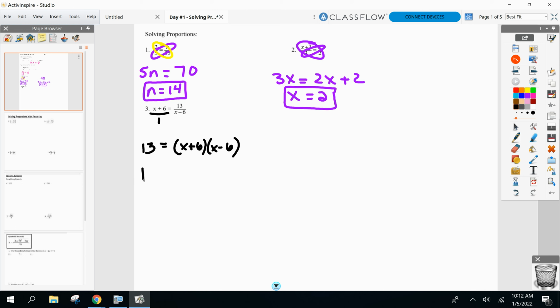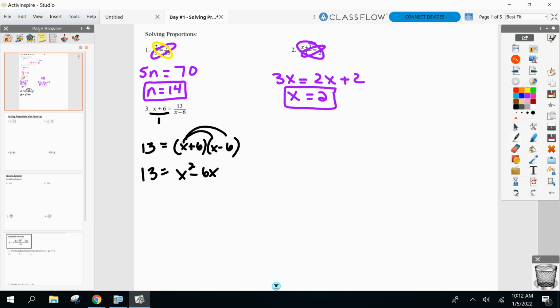First thing we do, you distribute the x. x times x. x squared. x times negative 6. Minus 6x. That's distribution number 1. This is why I call it double distribution.